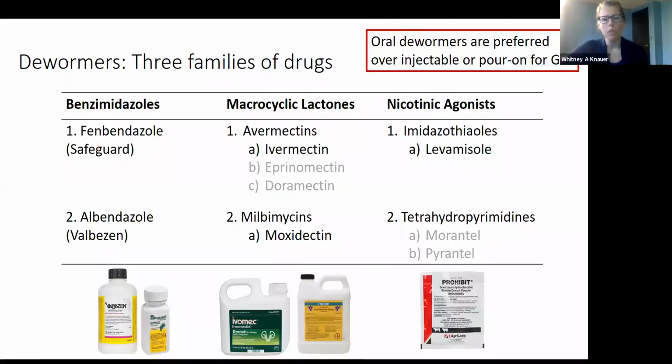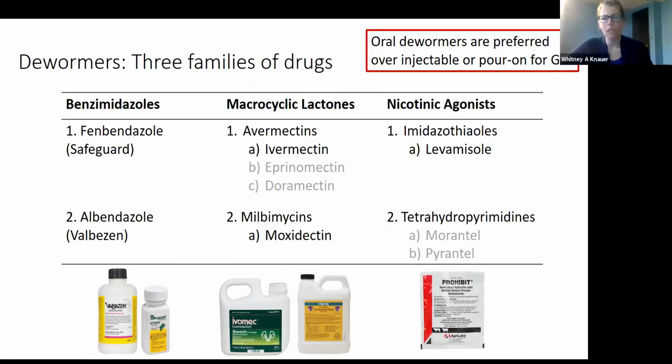And it's important to note, the 4 drugs there in gray are all either pour-ons, so eprinomectin and doramectin are pour-ons, and morantel and pyrantel are available in feed additive form, and those are not preferred.